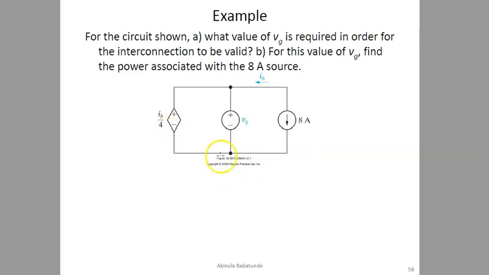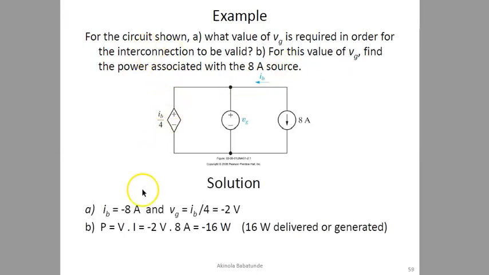Okay. Again, the next question says for this value of VG, find the power associated with the 8 ampere source. From what you can see here, we found our IB to be equal to -8, and we found our VG to be equal to -2 volts.